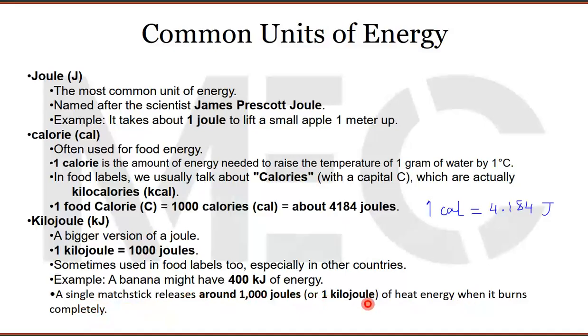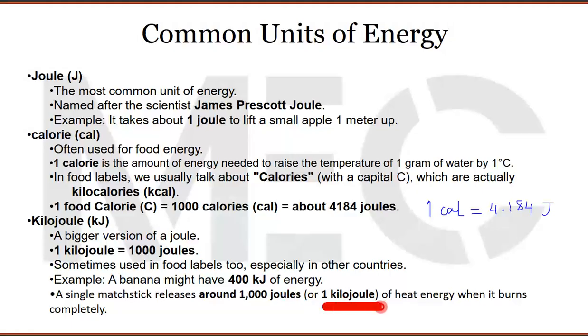So this gives us a rough estimate of how much a kilojoule is. For example, when we say a ripe banana gives 400 kilojoule of energy, we'll have a rough estimation of the amount of kilojoule.